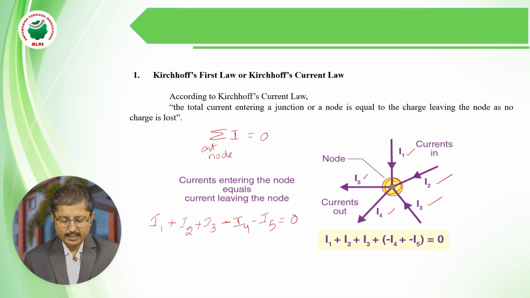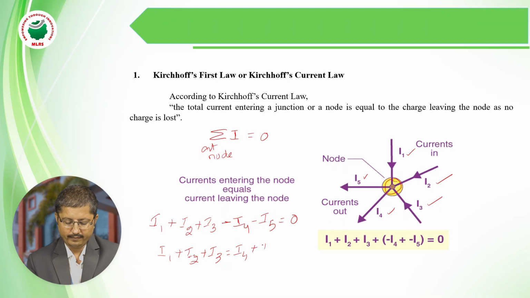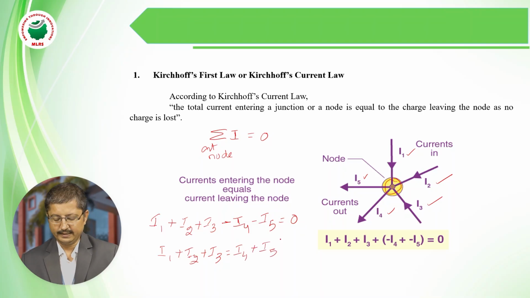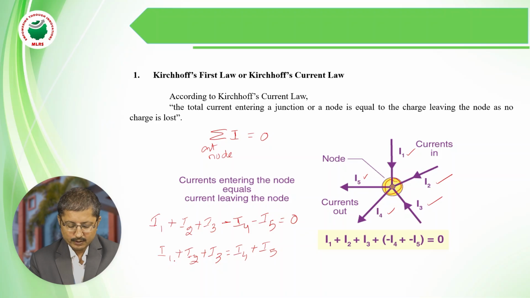Simply, the sum of the currents at a particular junction is equal to 0. If we separate the negative terms, I1 plus I2 plus I3 is equal to I4 plus I5. That means the incoming currents are equal to the outgoing or leaving currents.